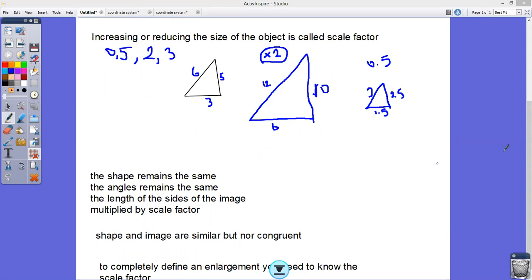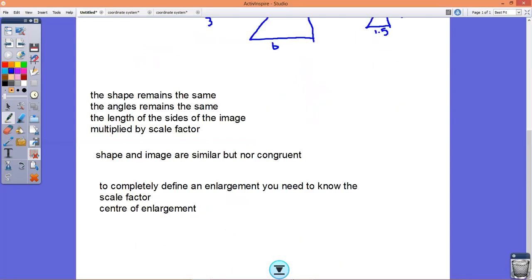Now here, to completely define an enlargement, we need to know the scale factor. Okay, let's try to make our lesson a little bit better. To completely define an enlargement, you need to know the scale factor.